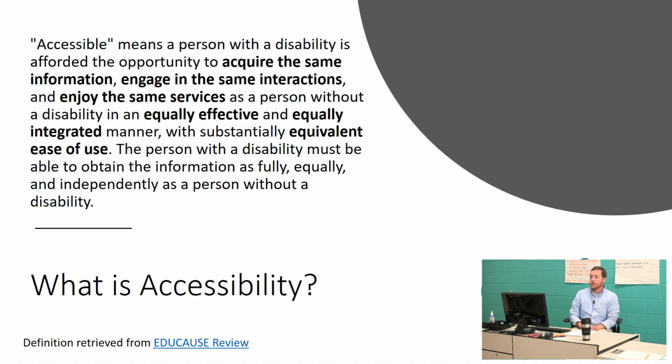So I pulled this definition for accessibility from EduCause, a website that I found, and this is the same definition that's used in the actual legislation for Section 504, civil rights, wherever you find this in legislation. Accessible means a person with a disability is afforded the opportunity to acquire the same information, engage in the same interactions, and enjoy the same services as a person without a disability in an equally effective and equally integrated manner with substantially equivalent ease of use.